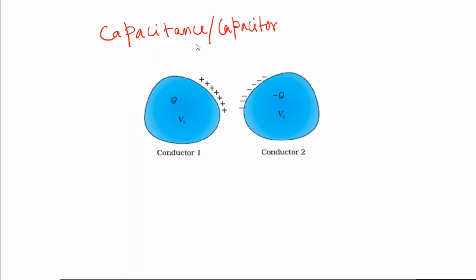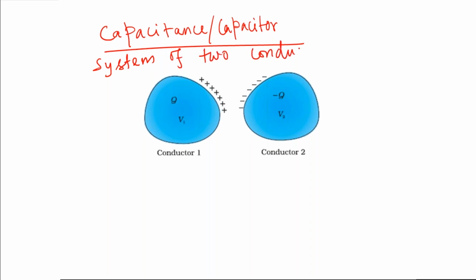Capacitance is the property, and capacitor is the system or the device. The device is called a capacitor. All right, so what is a capacitor? A capacitor is a system of two conductors. They are separated by an insulating material.